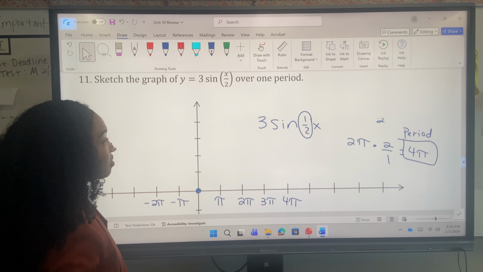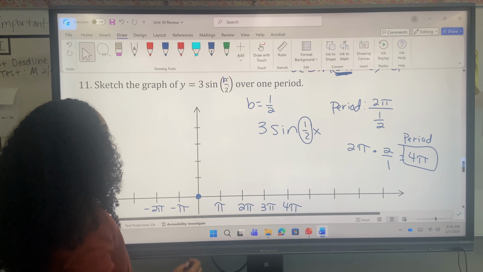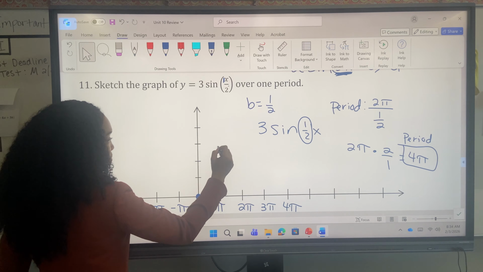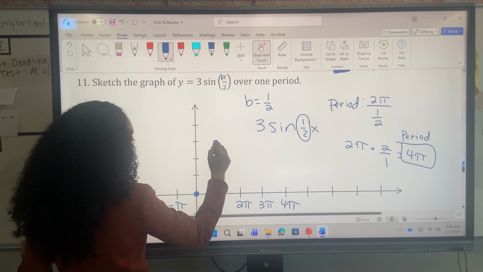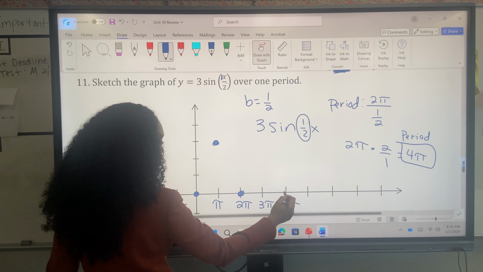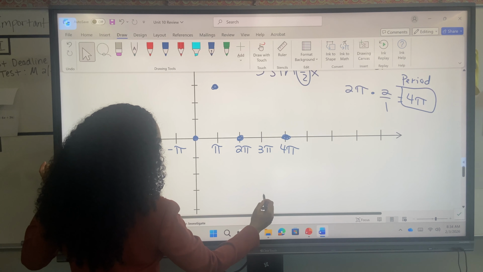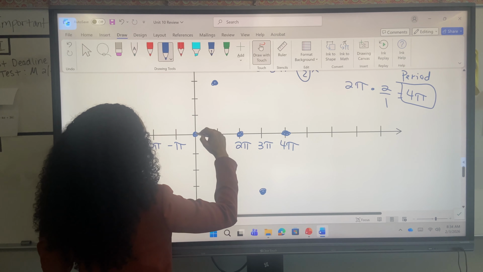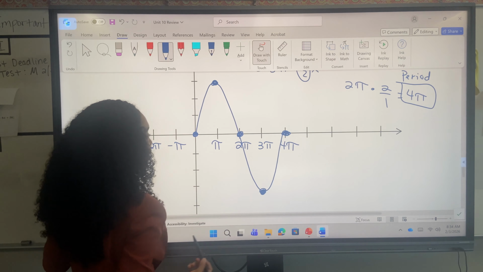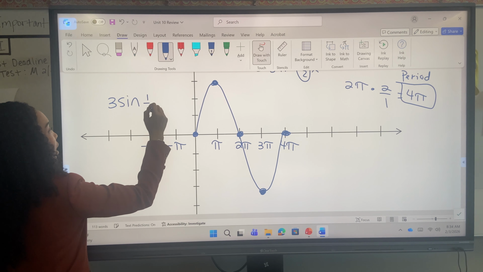You didn't have a plus C or a minus C there. And your amplitude is 3, so you'll go up 3. There you go. This is 3 sine 1/2 X.